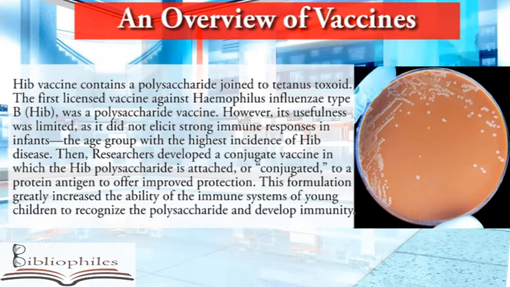However, its usefulness was limited as it did not elicit a strong immune response in infants. And then the researchers developed a conjugate vaccine in which the Hib polysaccharide is conjugated to a protein antigen to offer improved protection. This formulation greatly increased the ability of the immune systems of young children to recognize the polysaccharide and develop immunity.